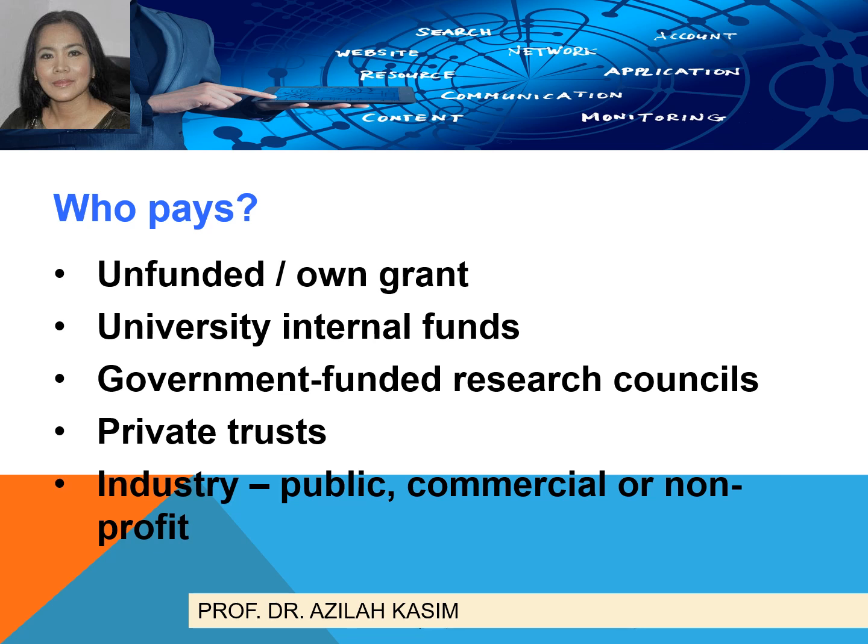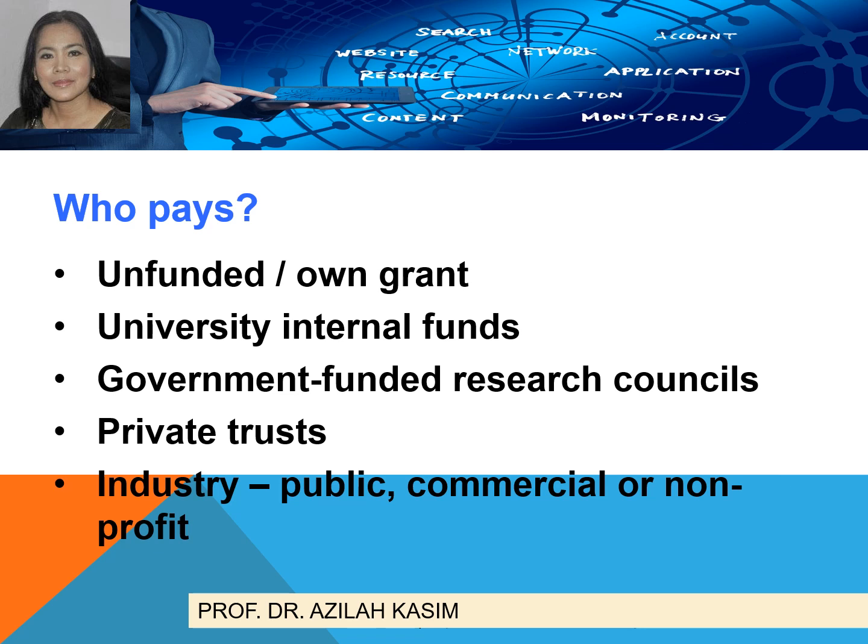Research can be paid by you when you do it for your own purpose. If you're working in a university, as university staff, then you can get the university to give you a grant. This is an internal grant, a university internal fund.